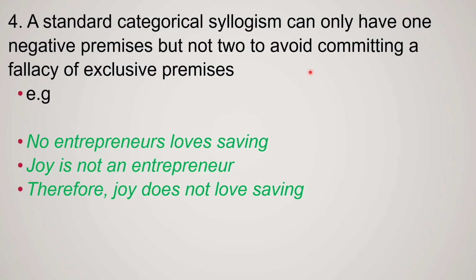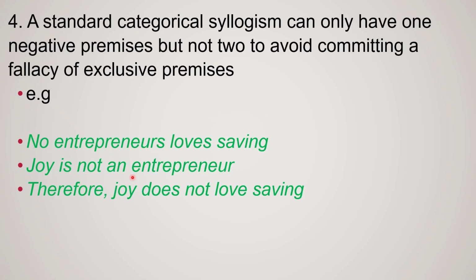For example, if you say no entrepreneurs love saving, Joy is not an entrepreneur, therefore Joy does not love saving. This is wrong because just looking at this, there is no entrepreneur who loves saving, so this is a negative. We have excluded all entrepreneurs from the predicate of saving.